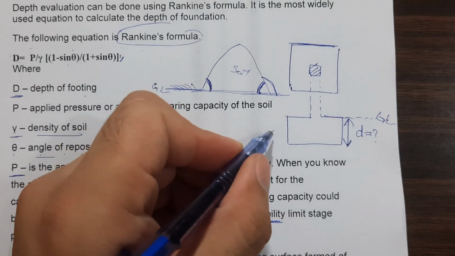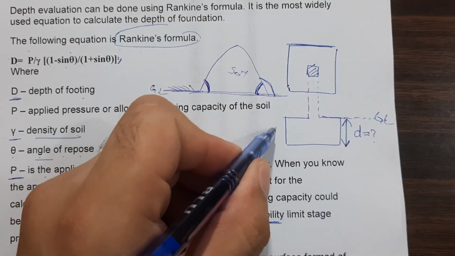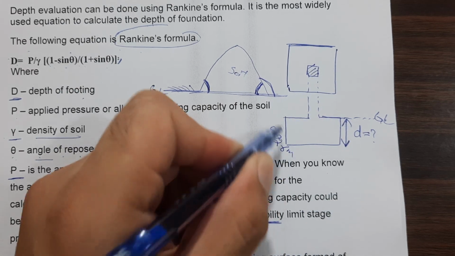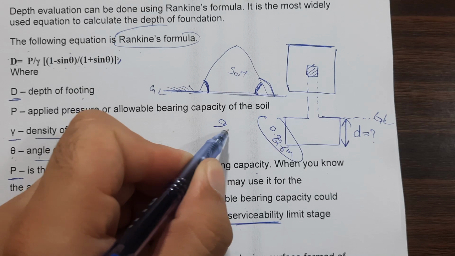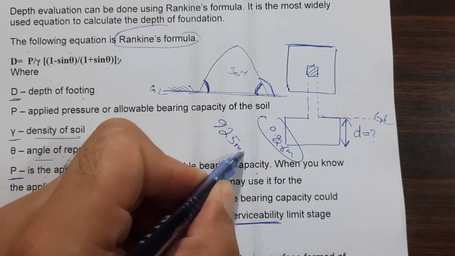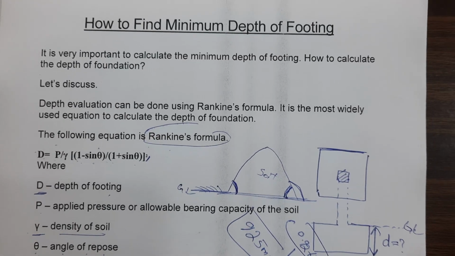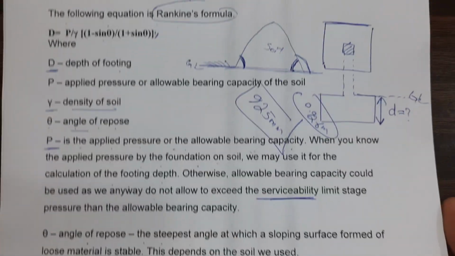So 0.926 meters, or about 925 millimeter, is the depth of footing. This is Rankine's formula, and I have shown how to calculate the depth of footing from the given data.